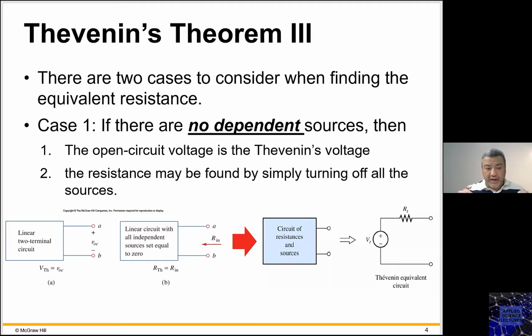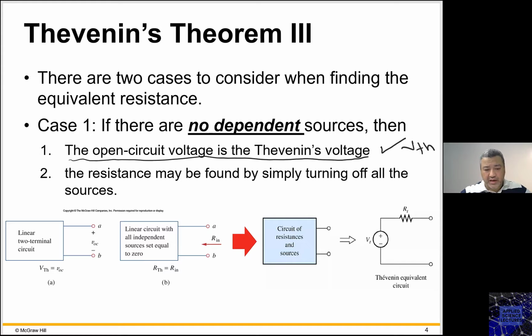If I only have independent sources in my circuit, then at the beginning I need to find the voltage at the output of the circuit after disconnecting the load. And this voltage is called V Thevenin.